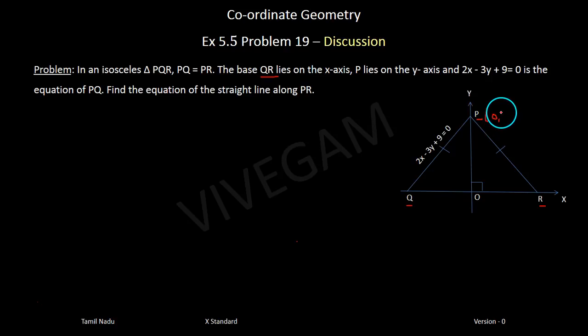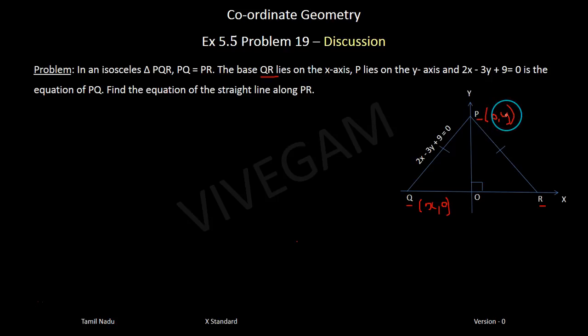Am I right? Because the x value is 0. Similarly, the point Q will be x, comma, 0, because it is on the x-axis. So these are the two hints which are very good for your starting point.